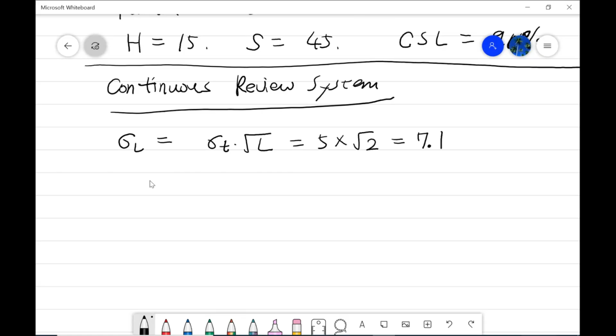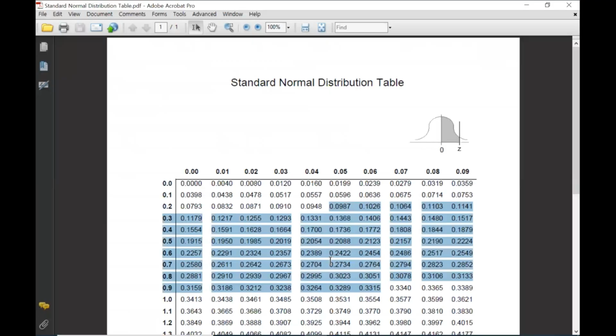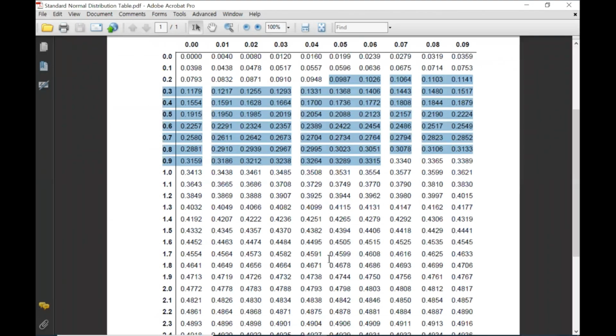And then the cycle service level is 90%. Then I have to look at the standard normal table and find the corresponding z value for 0.90. So from the table, inside of all this probability, I'm looking for a value close to 0.40, since 0.9 minus 0.5 is 0.40.